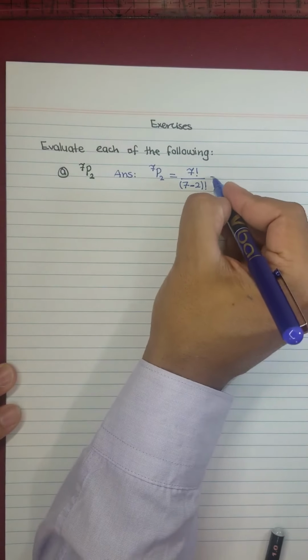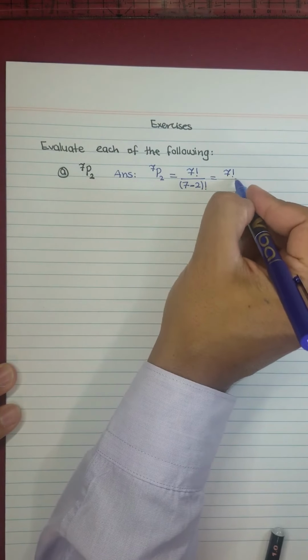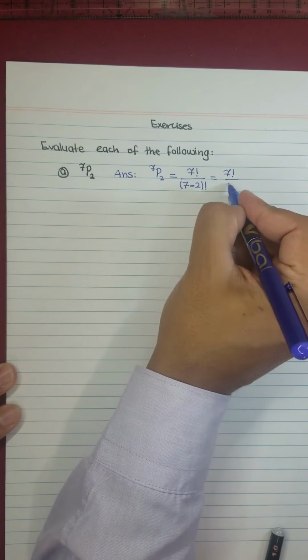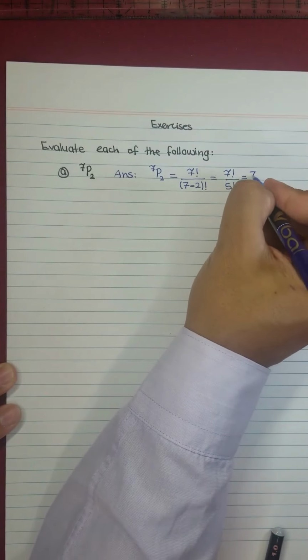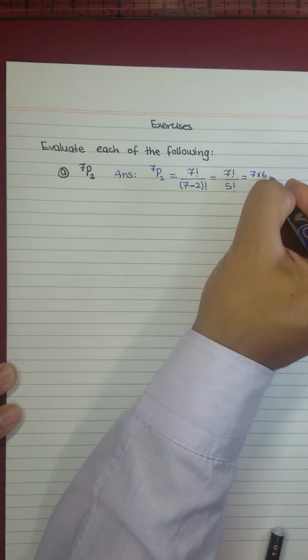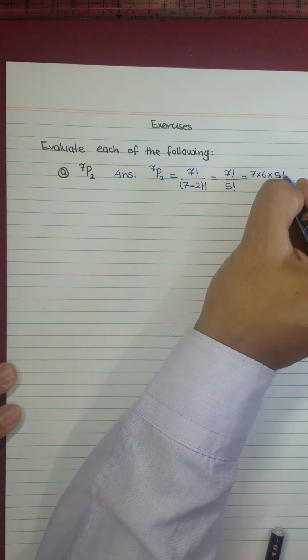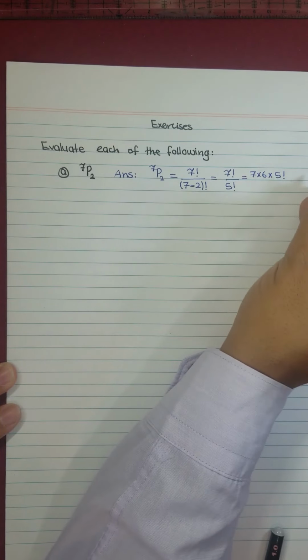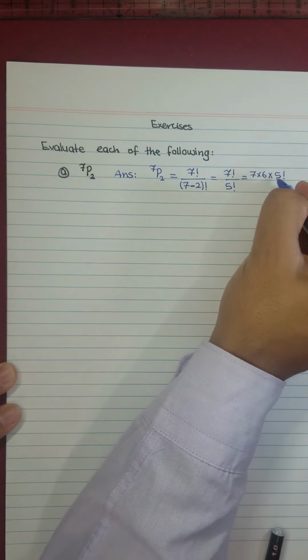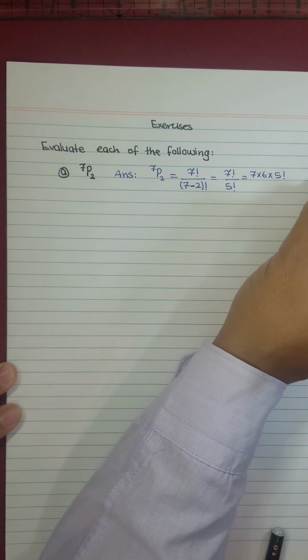Now 7 factorial is going to stay the same for now, and 7 minus 2 is 5 factorial. 7 factorial is 7 times 6 times 5 times 4 times 3 times 2 times 1, but we can say that this part is actually 5 factorial.